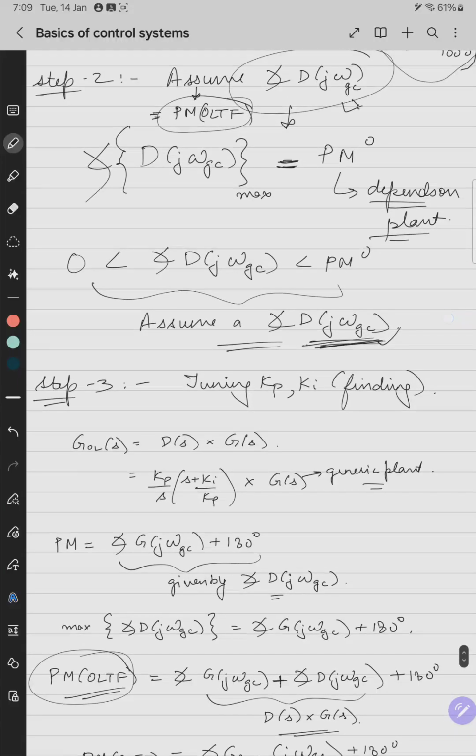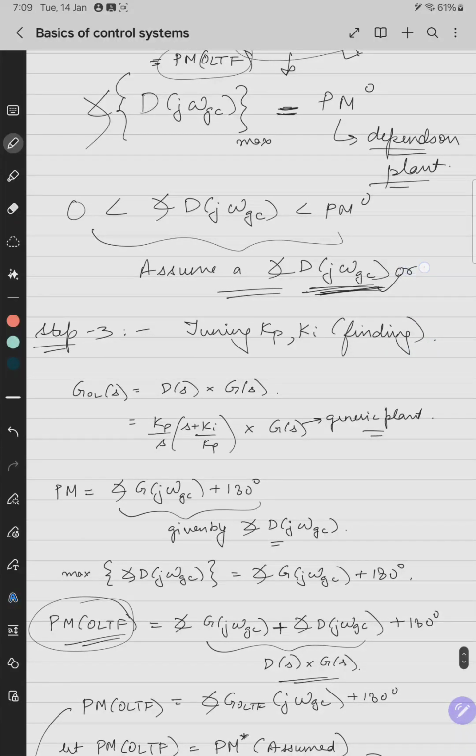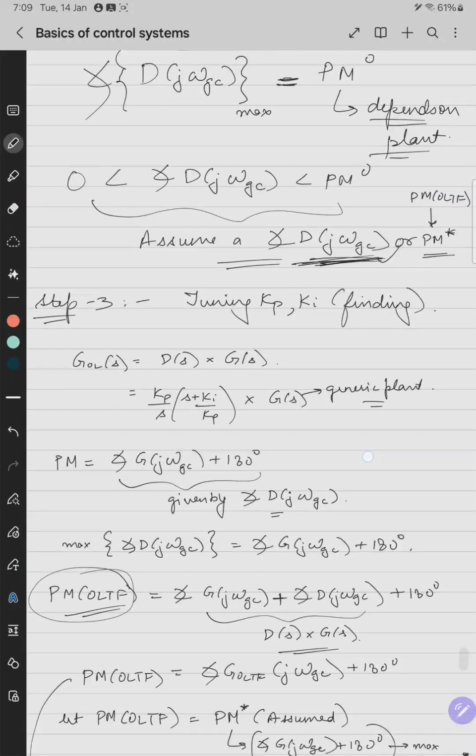So in step 2, we assume the angle of D at j omega gc is nothing but PM star, where PM star is the PM of the OLTF. Doing this, we did it.